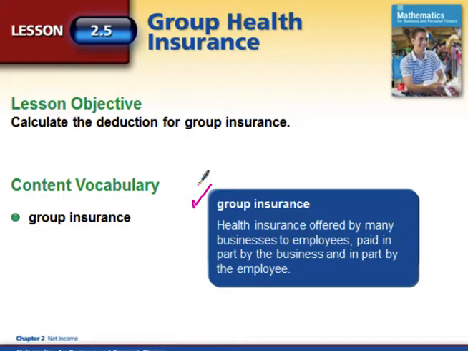So if your employer offers you health care but tells you that you have to pay a portion of that health care, those become deductions out of your pay. So that makes it paid in part by the business and in part by the employee. So today we're going to figure out how to calculate your cost, the employee cost.